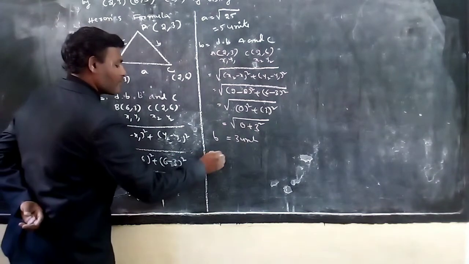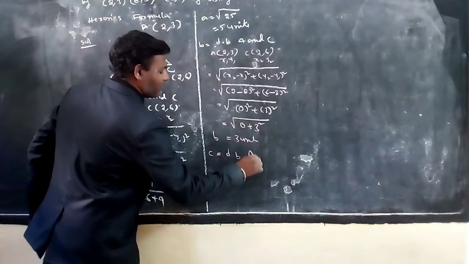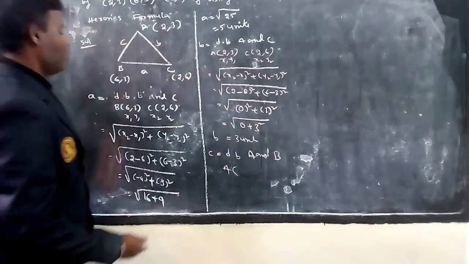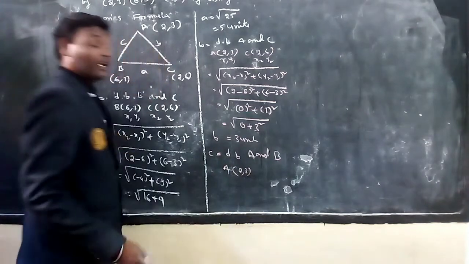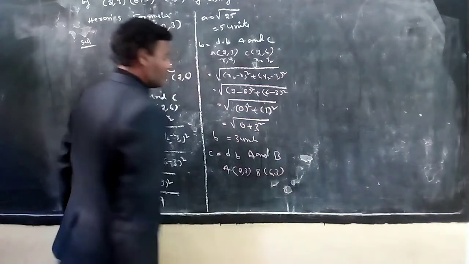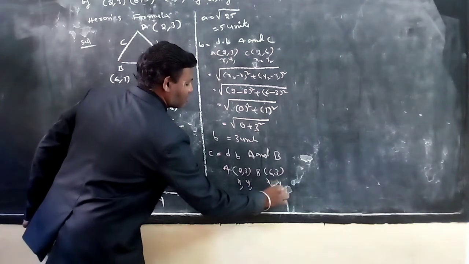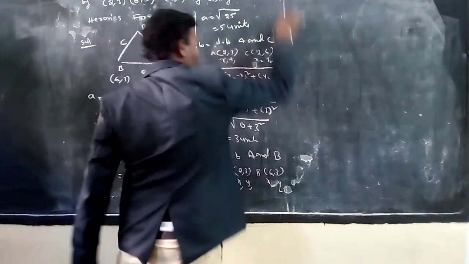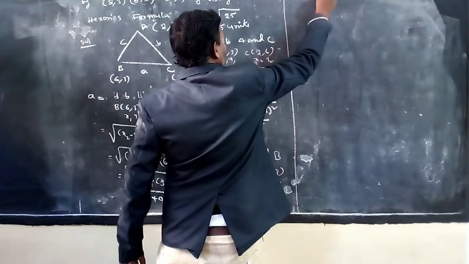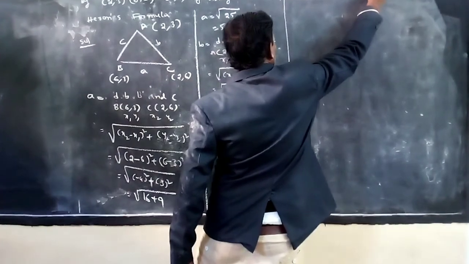What about c? c is the distance between A and B. The coordinates of A are (2, 3) and the coordinates of B are (6, 3). Let this be (x1, y1) and this be (x2, y2). What is the formula of distance? The square root of (x2 minus x1) whole square plus (y2 minus y1) whole square.